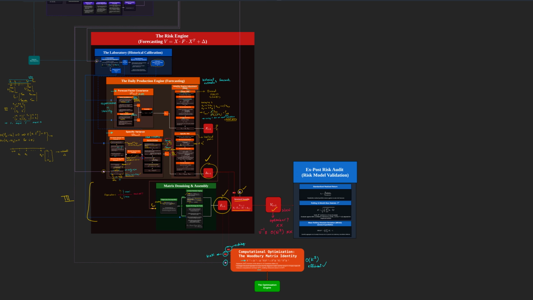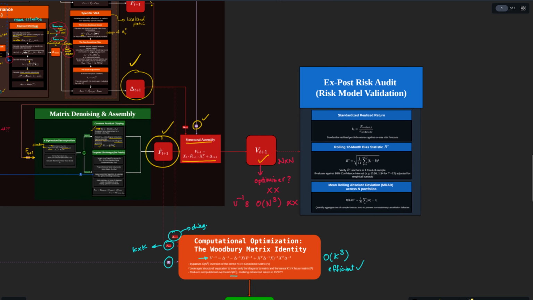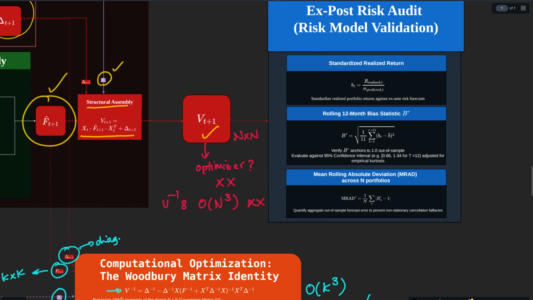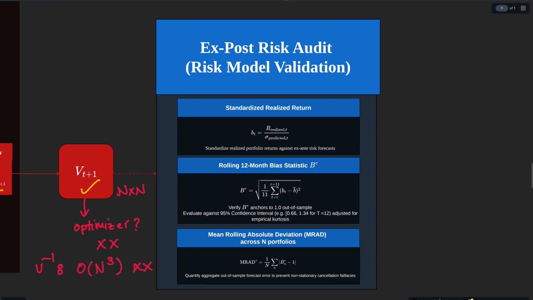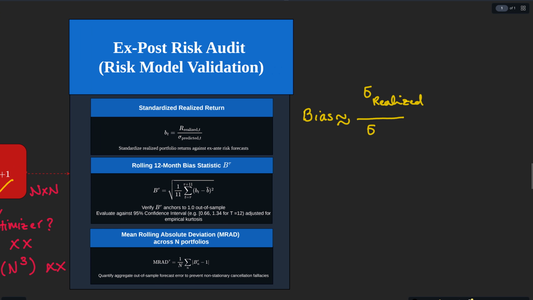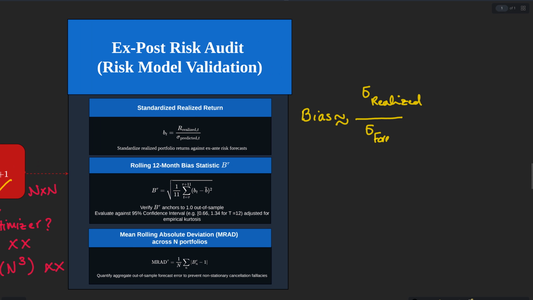Are we ready to hand this over to the optimizer? Before we ever let this covariance matrix or its components touch live capital, we run it through a full risk audit. We track what's called the rolling bias statistic. So basically, we take the portfolio's actual realized volatility and then we divide it by the volatility our model forecasted.